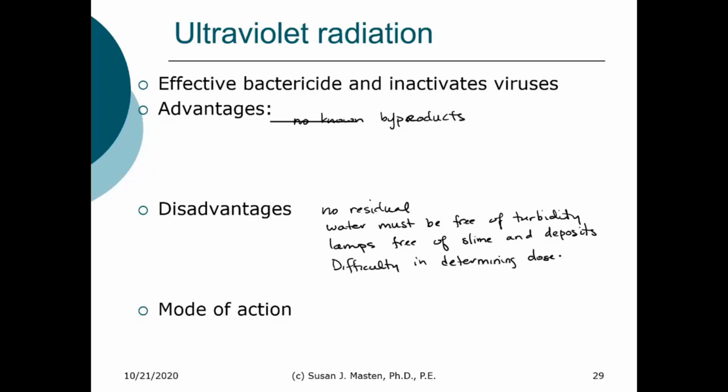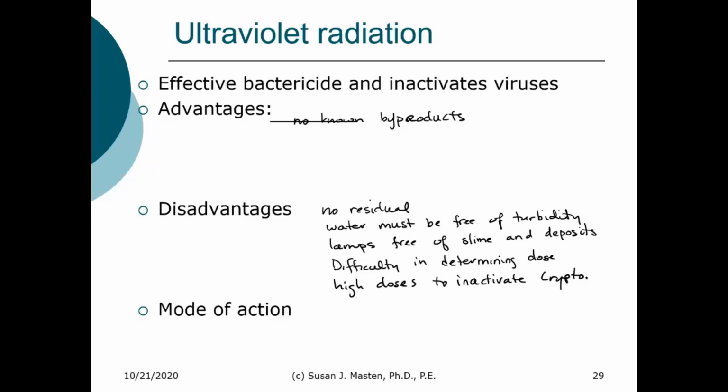With chlorine residual, for instance, we can do a chlorine test. The test is relatively inexpensive to purchase and easy to do. That's much more difficult with UV radiation. The other disadvantage is we need high doses to inactivate cryptosporidium.